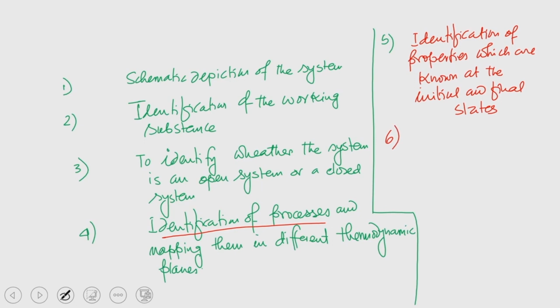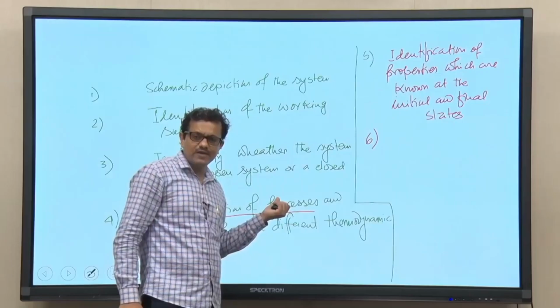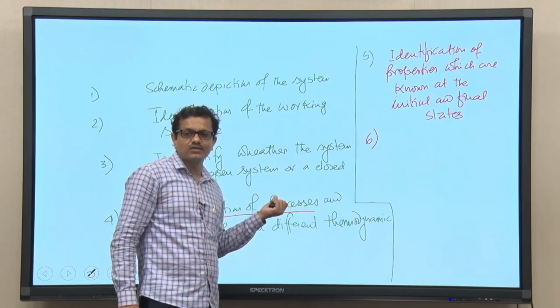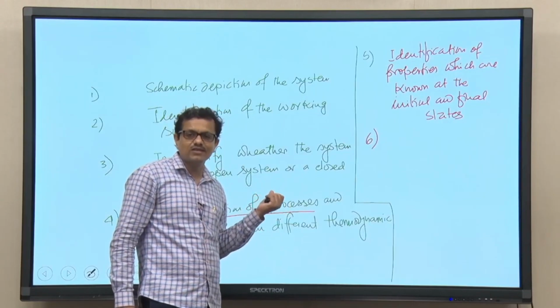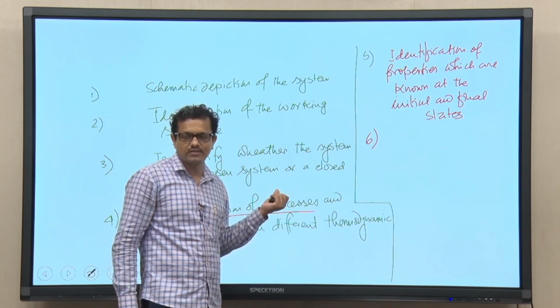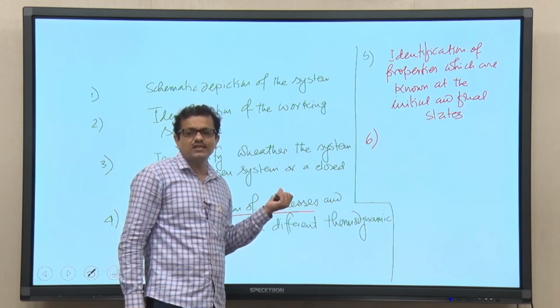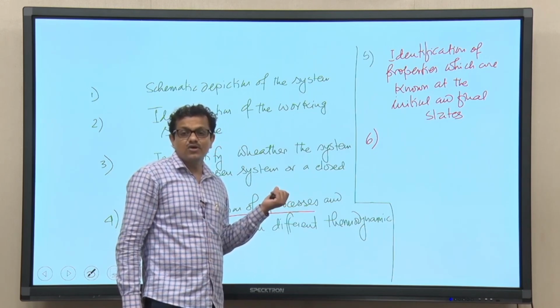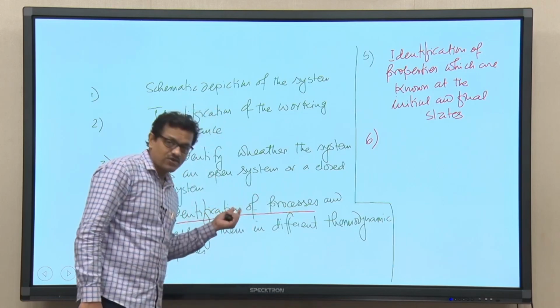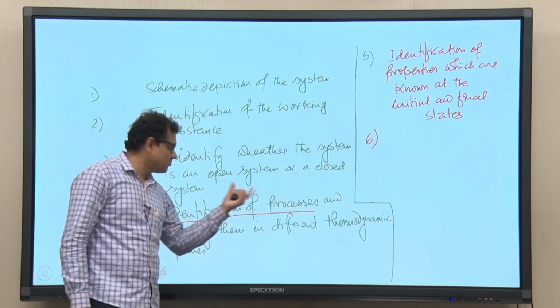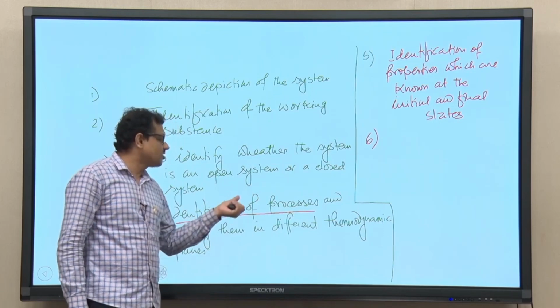Basically, we have identified if any particular property is remaining constant. Say for example, if temperature is remaining constant, then this is an isothermal process. If the volume is remaining constant, this is a constant volume process. This is very important, that is why I have underlined that line, identification of processes.